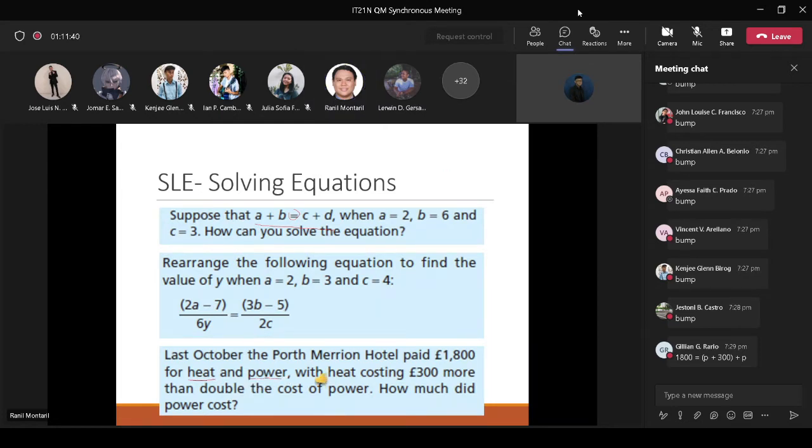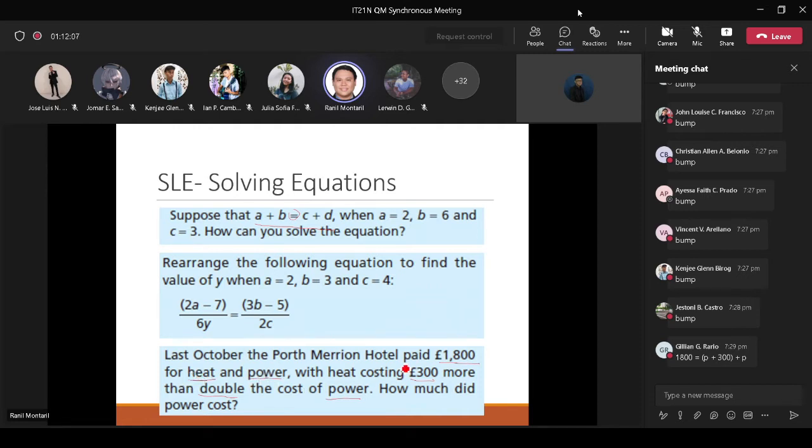Yes, sir. And at the same time, we have constants: 1,800, and 300 more of the double of power. Tama? So you have to underline that so that yan yung mga makita natin. Sometimes, when we represent this word, we just take the first letter.